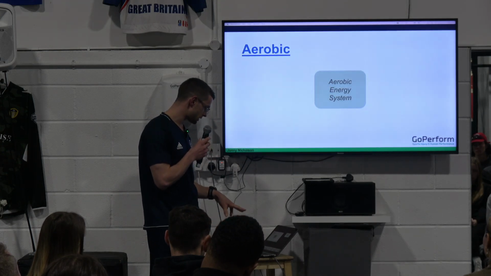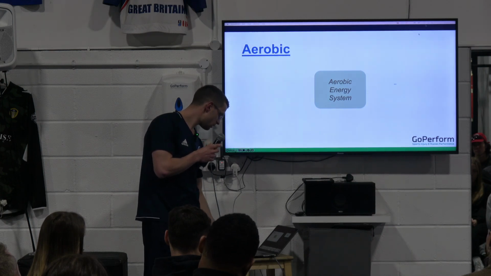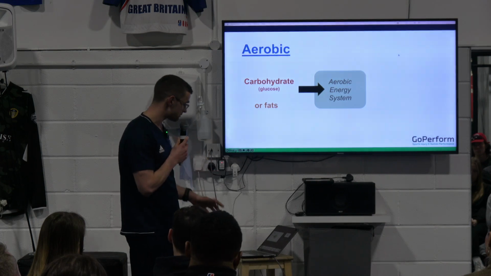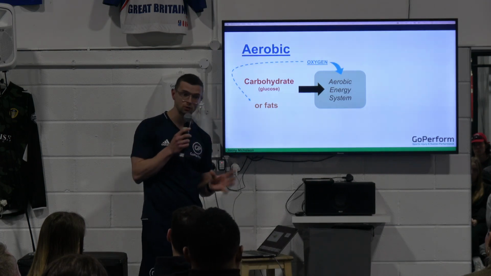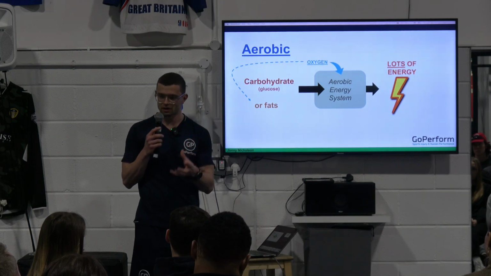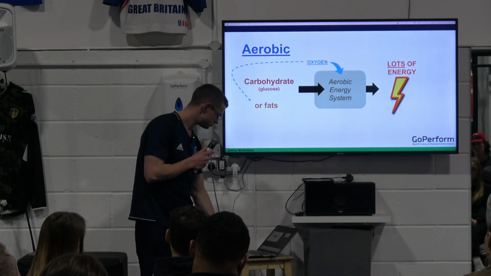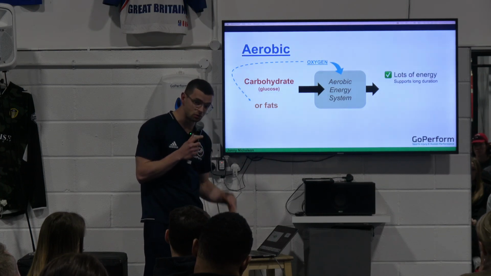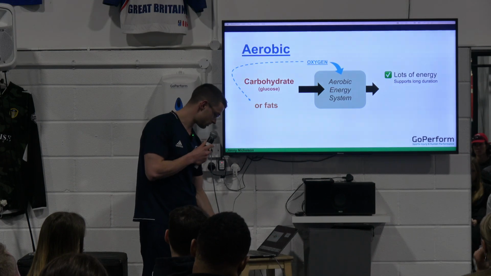So quickly just looking at the aerobic energy system, as I said, we're mostly using carbohydrates in the form of glucose and fats, but to use those fats we need some oxygen, okay? And the main result of this is a lot of energy. So that means it allows us to do the activity we're doing for a long duration.